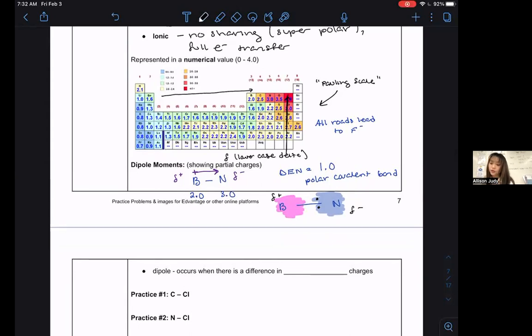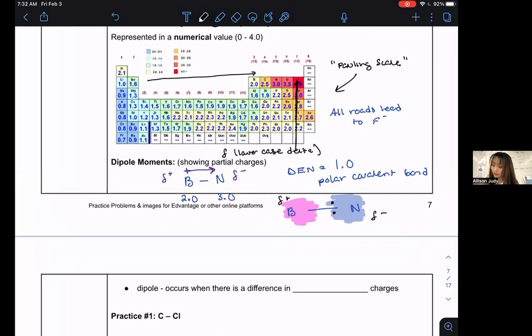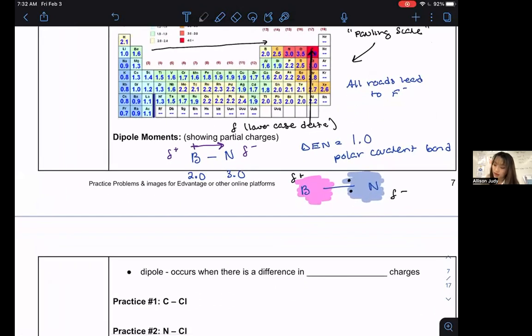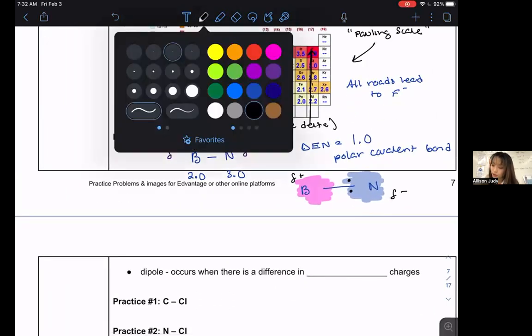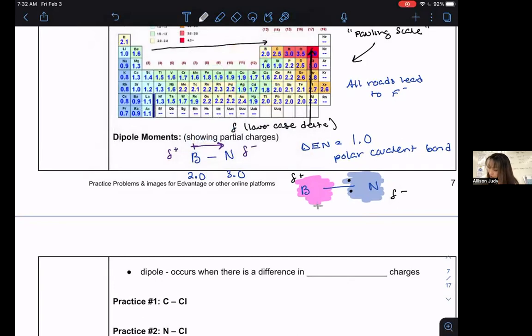I could also simply draw a dipole arrow, which represents the same thing. My dipole arrow has a positive cross end toward the more partial positive side in a bond, and it goes toward the negative end. The arrow ends up on the more negative side of the bond.